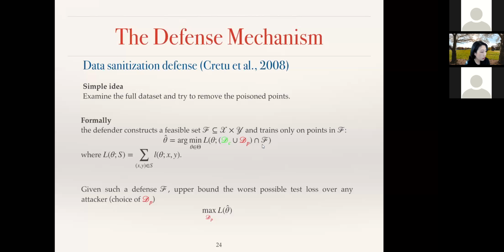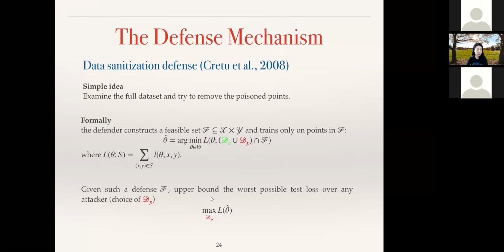So how is this loss calculated? For calculating the loss, I don't know what DP is. I have the union set, but I don't know specifically what data points are in my poison data, right? Exactly.